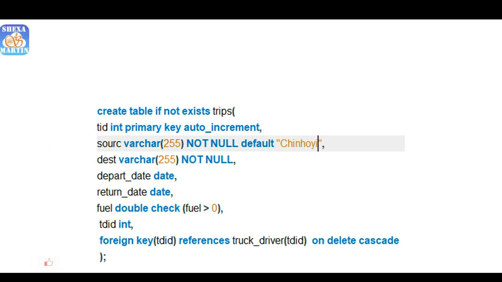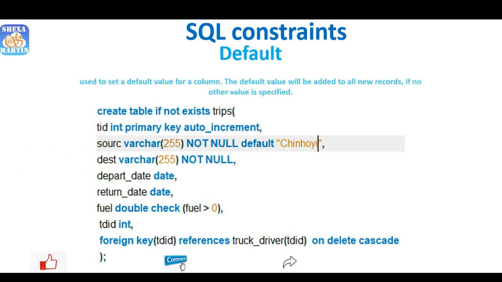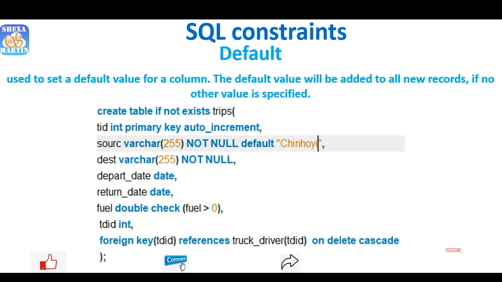Let's now talk about the default constraint. The default constraint specifies a value that is going to be inserted if no value is specified or provided for that column. So if you do not assign a default value to the column and the user leaves the column blank, then null is going to be inserted.